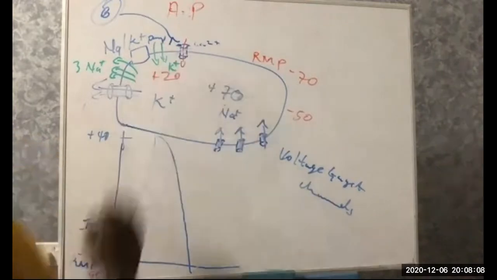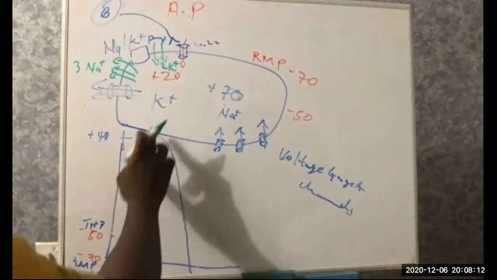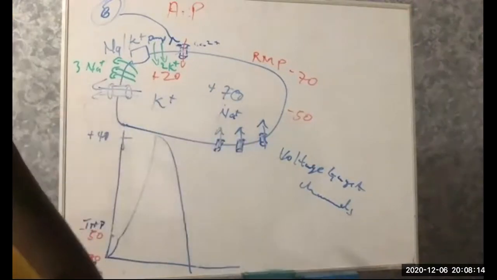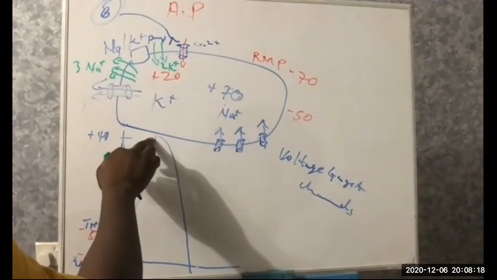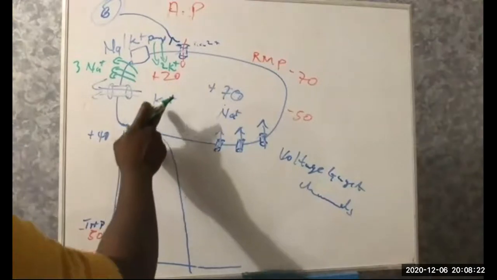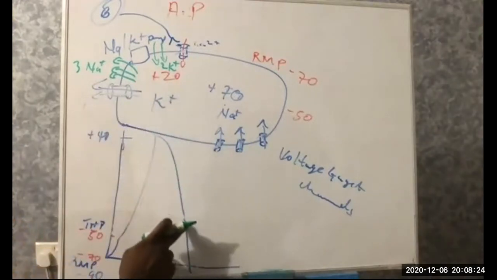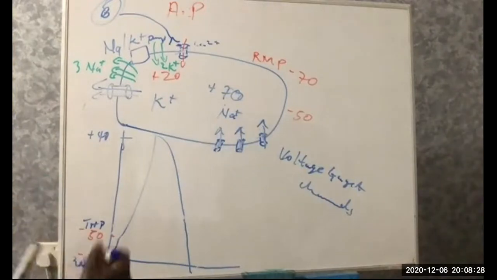Remember that potassium started leaving after the potential got to plus 40. Whilst the potassium was leaving, the potential started declining again, and it even declined down to minus 90.